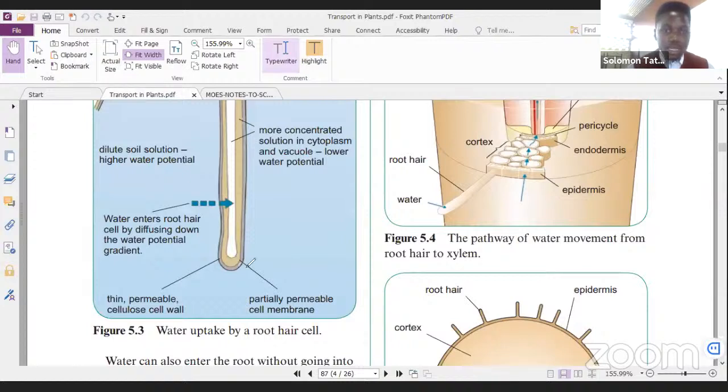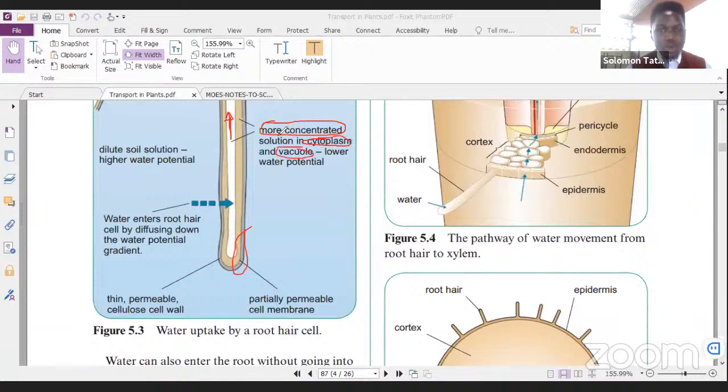So these two things that I've highlighted are very, very key in ensuring that plant roots can absorb this water. Okay. What causes the lowering of the water potential this side of the root hair is a more concentrated cytoplasm and vacuole.